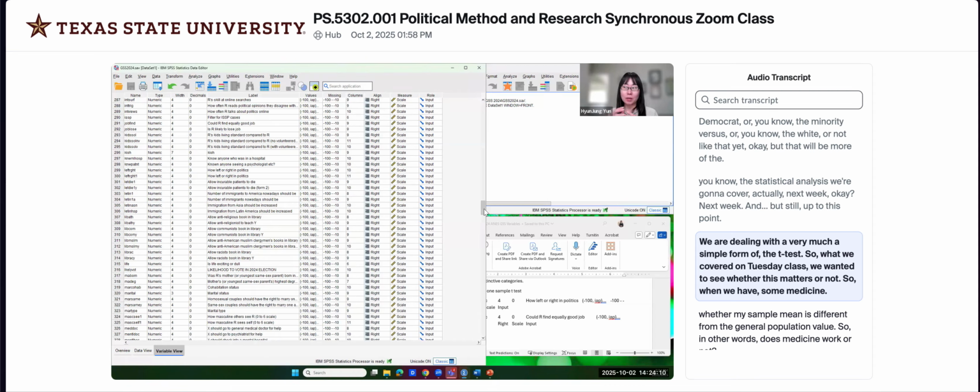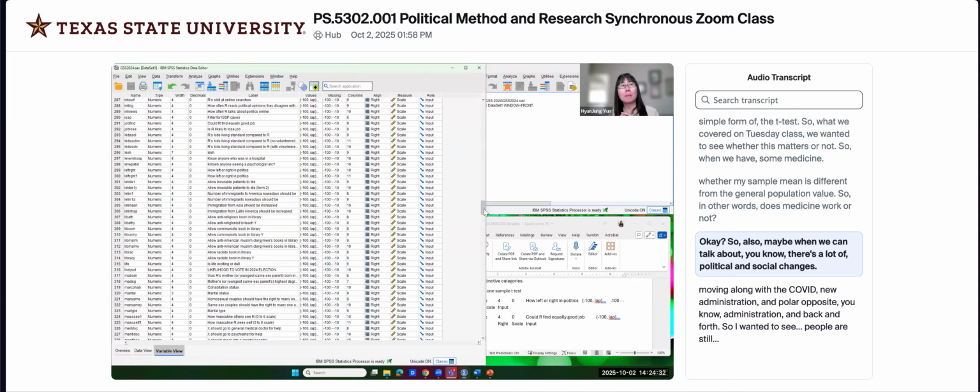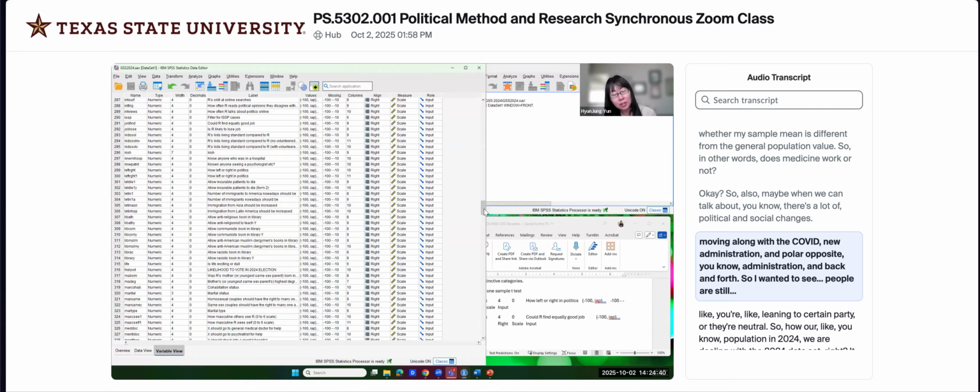But up to this point, we are dealing with a very simple form of the t-test. What we covered in Tuesday's class was whether something matters or not. So when we have some medicine, whether my sample mean is different from the general population value. In other words, does this medicine work or not. Also, there are a lot of political and social changes moving along with COVID, a new administration, and the polar opposite administration, back and forth.